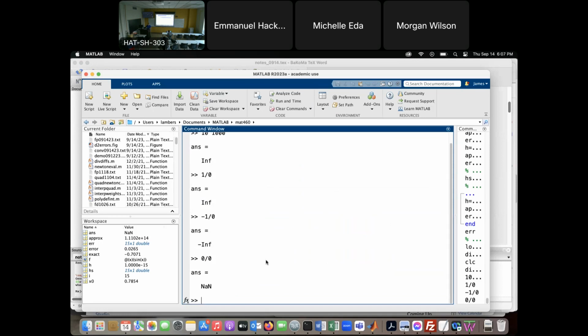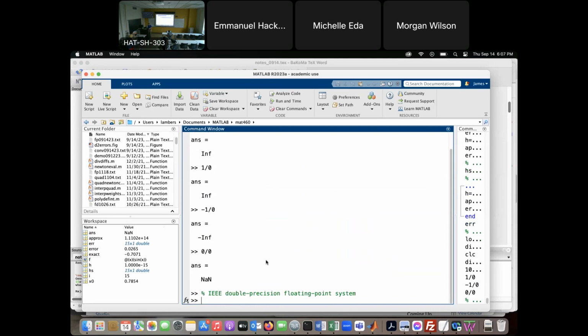the floating point system used on most computers is the IEEE double precision floating point system. So what are the parameters in this system? The precision, p, is equal to 53.